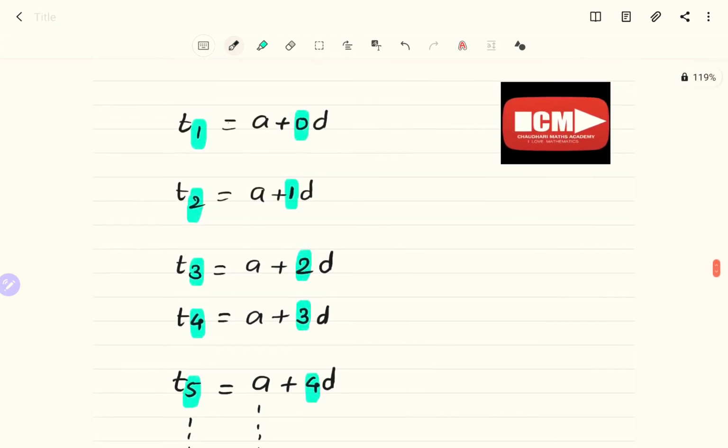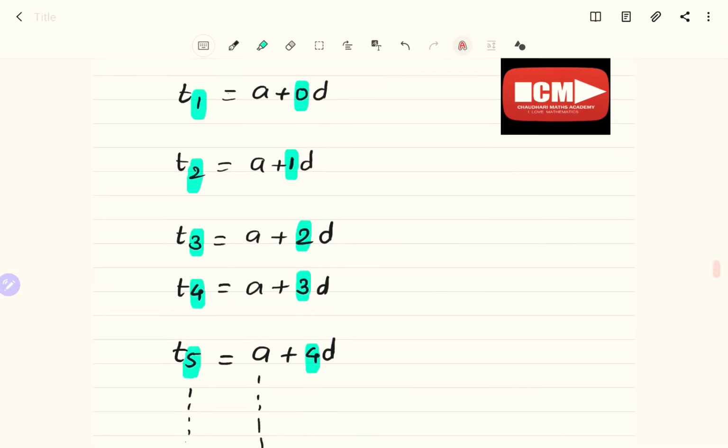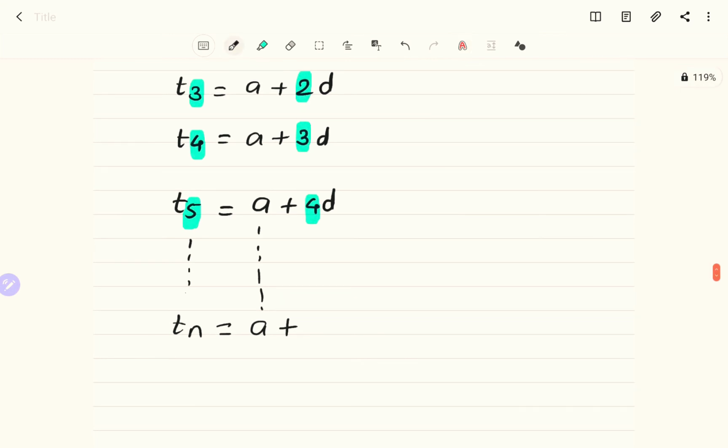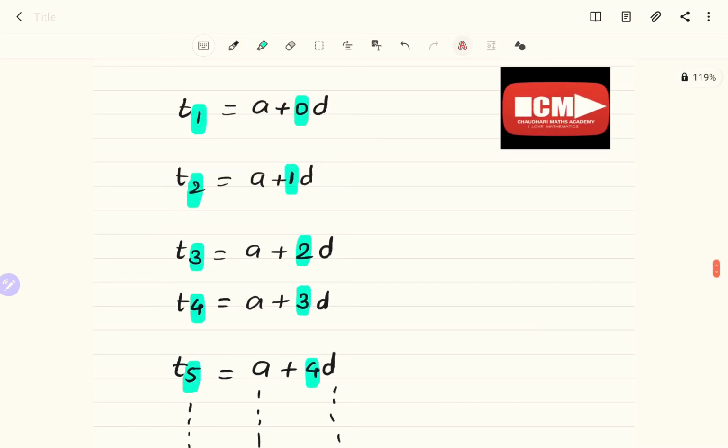Plus, what about D? In each and every term, D is present. The only thing is its coefficient is changing, not the D. So I am continuing this D also. The real trick lies in the coefficient of D.